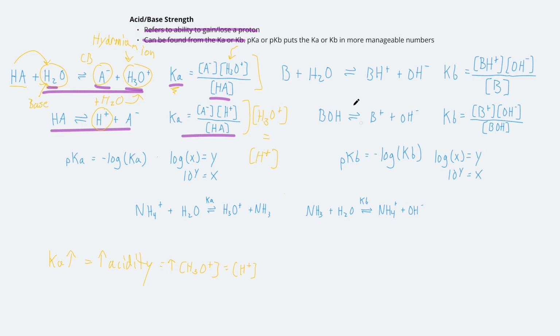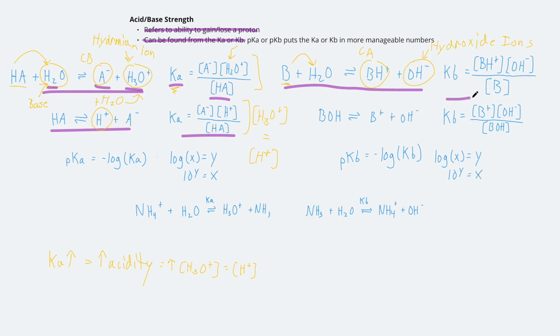On the right side, we have the equation that shows us the strength of a base. And remember, we said that bases accept hydrogens. So in this reaction, we have B representing a base taking a hydrogen from water. So we're measuring this by putting a base in water and seeing how much it takes hydrogens from water. And then that creates our conjugate acid and these hydroxide ions.